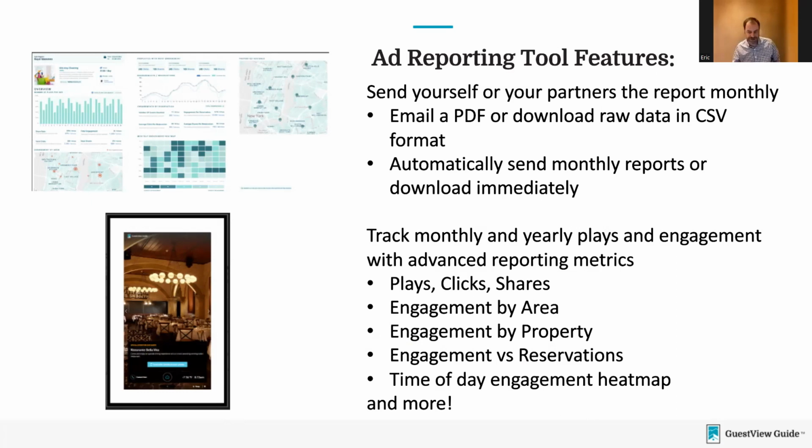You want to see it against your reservations, or maybe what time of day people are engaging with your ads. It's a very powerful platform that we've built into this, and it's allowing you to share that via a PDF that just shows up in your email. So it's super easy to get that information.